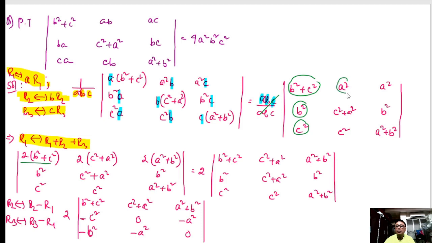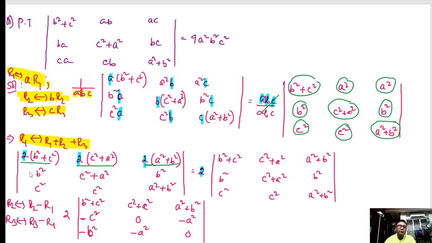Similarly for the other columns, R1 plus R2 plus R3 in R1. So now we see that we can take a 2 common from here: 2, 2 and 2. So this remains.